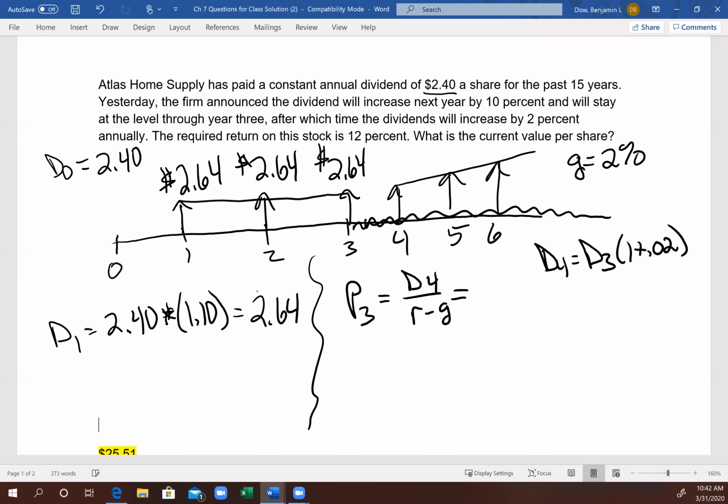Well, the dividend in year 3 was $2.64. So the dividend in year 4 is going to be $2.693. And then it goes up and up and up at 2%.